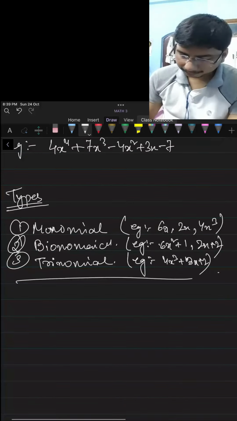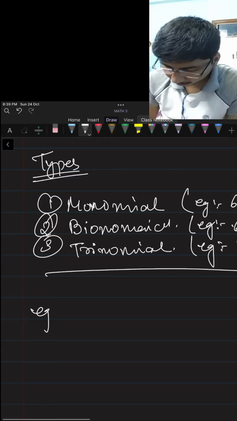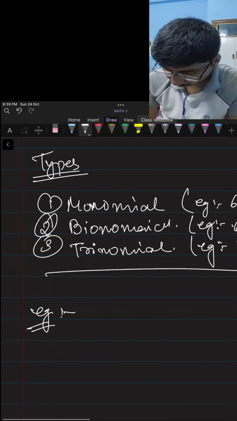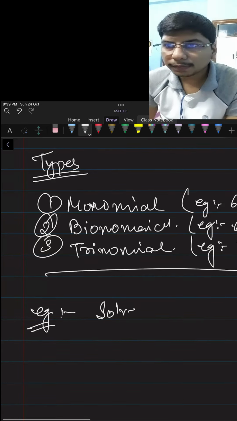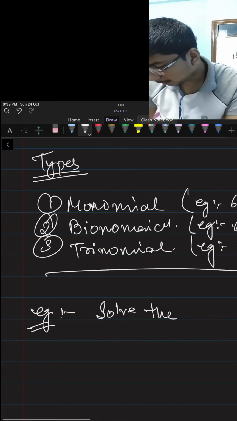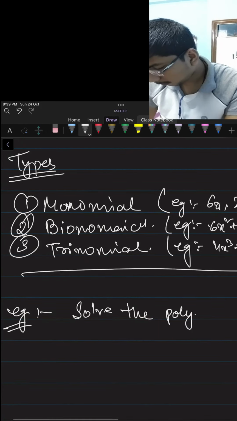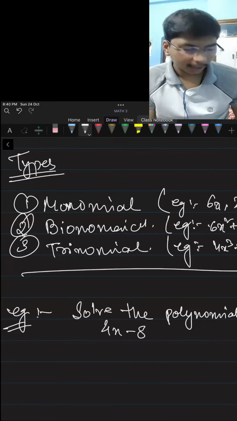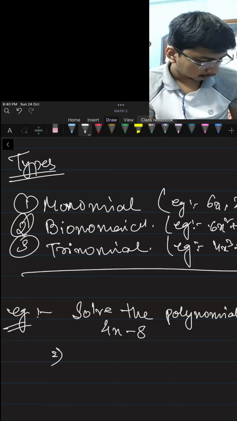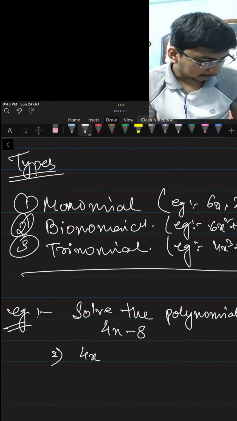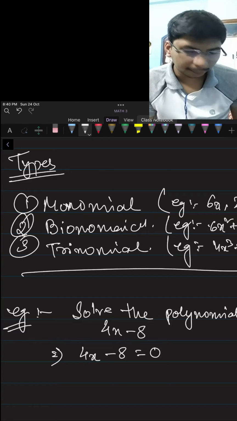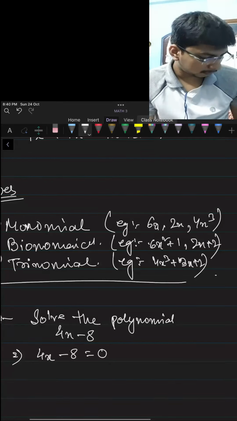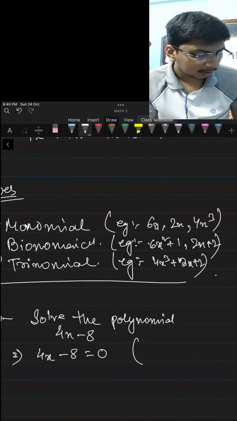Let's solve an example. Solve the polynomial 4x minus 8. Here we have 4x minus 8 equals 0. What is the degree of this function?